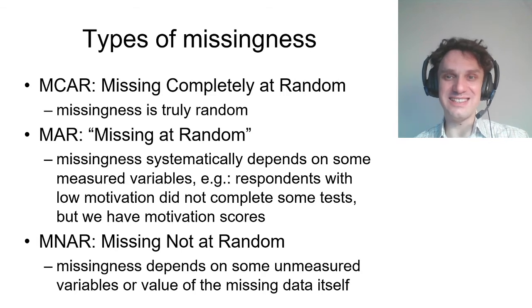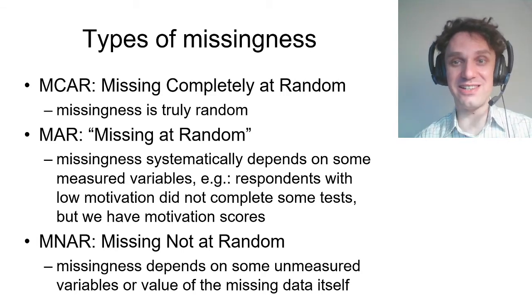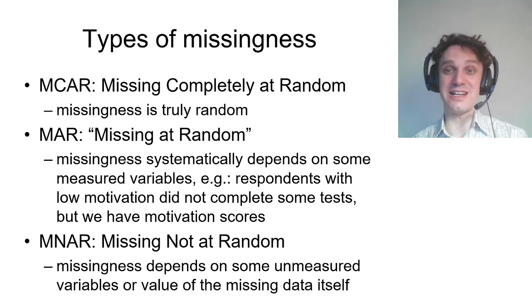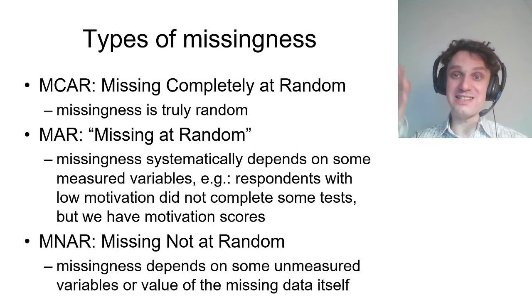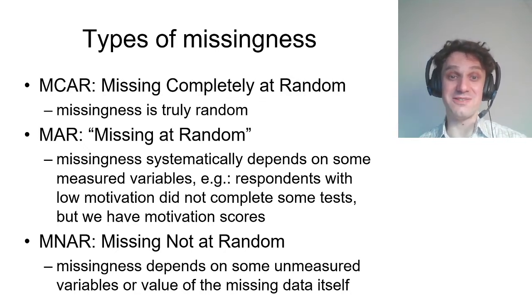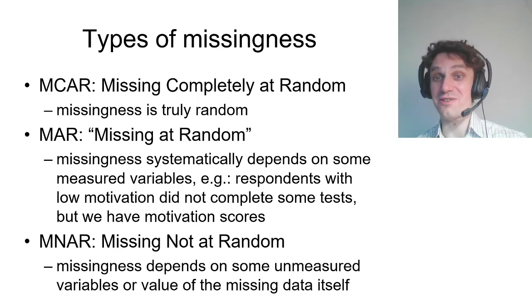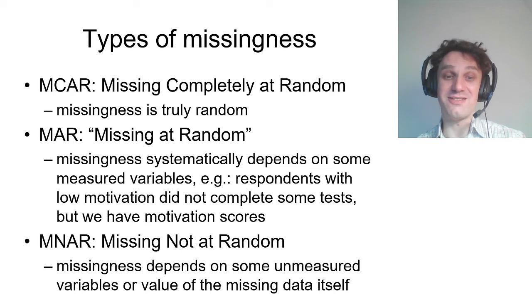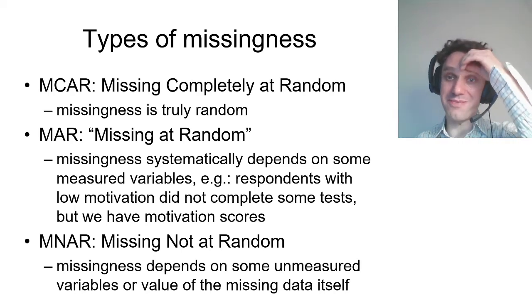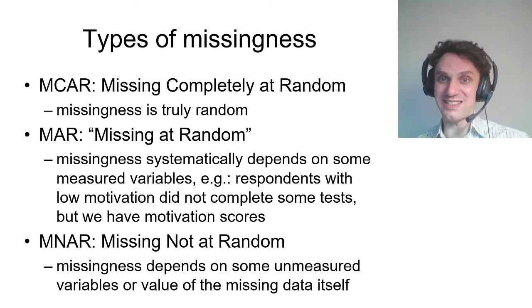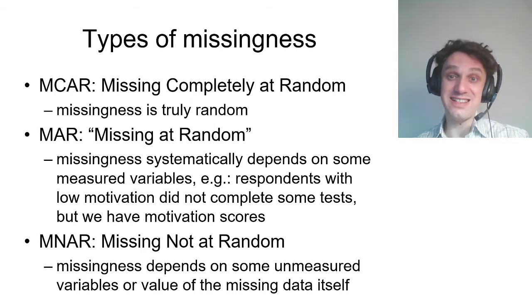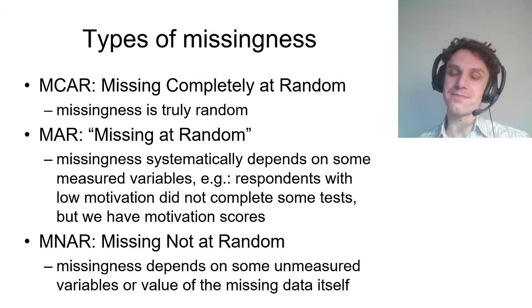So you can predict the fact that this answer will be present or not present if you know some other characteristics of that person. So for example, some people did not complete some tests at the end of your questionnaire because they had very low motivation to complete your tests. But if you have measured this motivation, you can predict this missingness. And this is called missing at random.